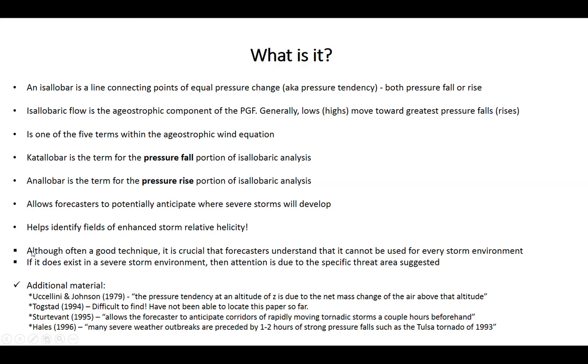Although often a good technique, it is crucial that forecasters understand that isallobaric analysis cannot be used for every storm environment. Sometimes in a lightly baroclinic or more barotropic environment, where there are not real strong fronts, you don't have strong height falls aloft and don't have a strong low-level jet as a result, many times you won't have that real tight pressure tendency or isallobaric response at the surface.